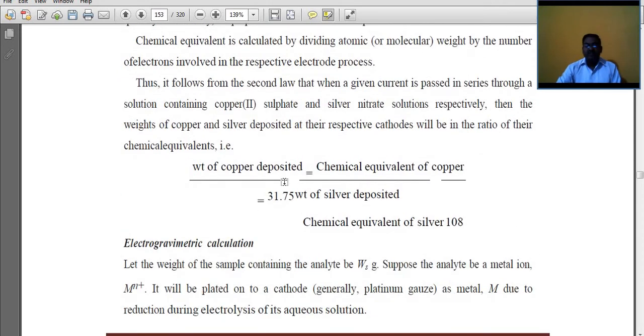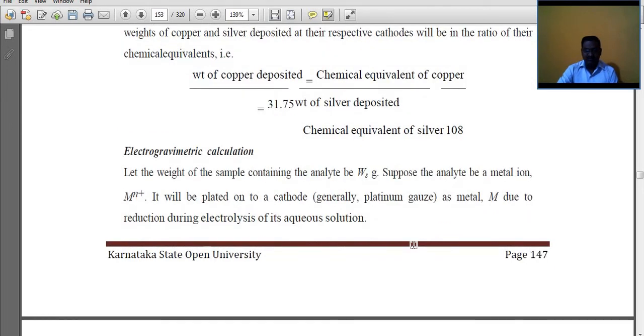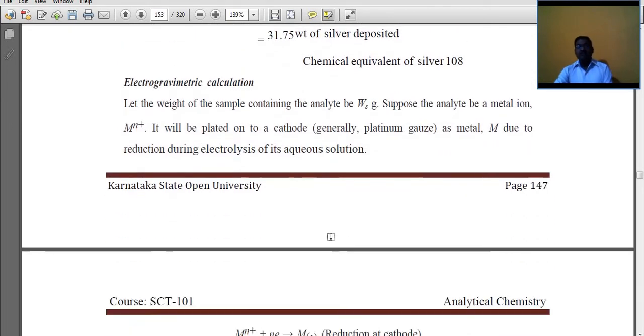Here, the weight of the copper deposited is equal to the chemical equivalent of copper. Here, both are equal.